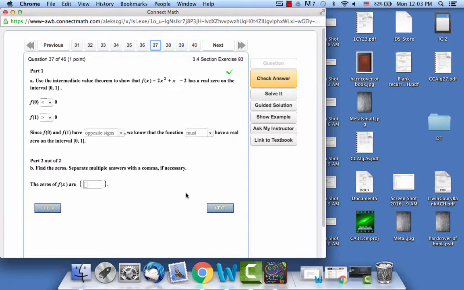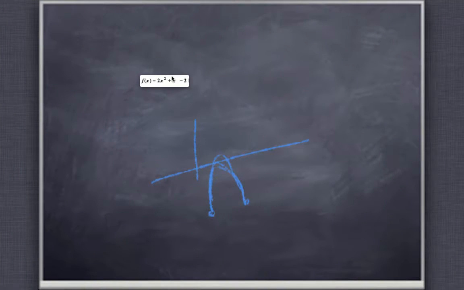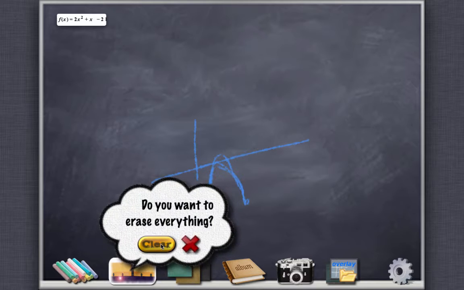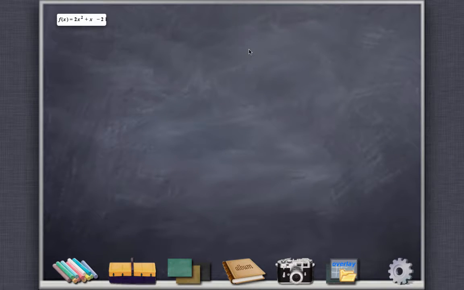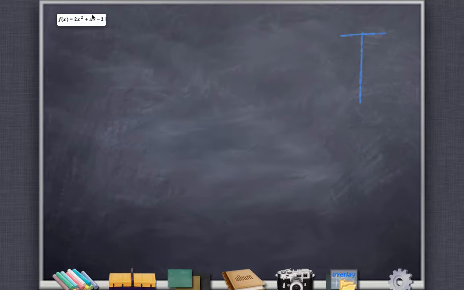So we want to find the zeros. Because this is quadratic, we could use the quadratic formula. We can try to factor, but the thing that we need to factor then is -4. So our options are 2 and -2, 1 and -4, and -1 and 4.